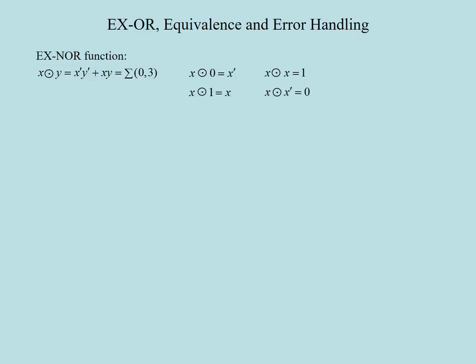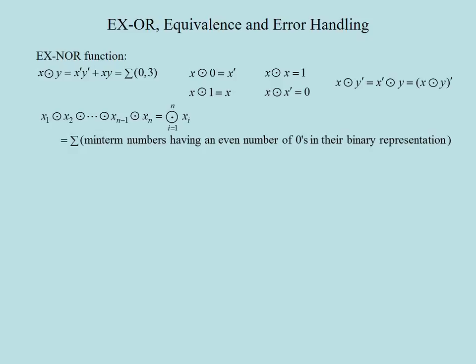As is the case for XOR, complementing an operand of an XNOR operation complements the result. It follows from these properties that a multivariable XNOR function can be represented as a sum of those minterms which are numbered in binary with an even number of zeros.